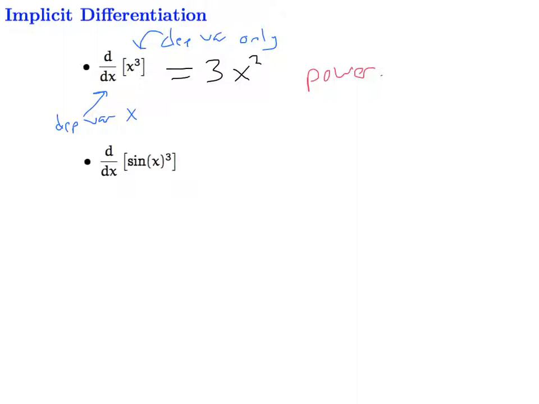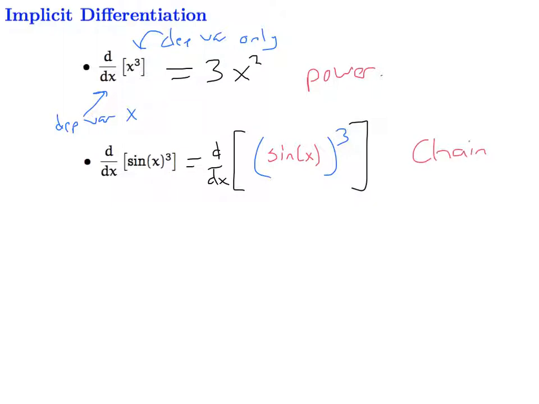Similarly, we can take the derivative of now sine of x cubed. The difference here, of course, is that now we have a composition of functions. We have an inside function sine of x. We have the outside function cubed. So when we take the derivative here, we're going to need to use our chain theorem instead. And so our chain theorem says, well, it's not so bad.